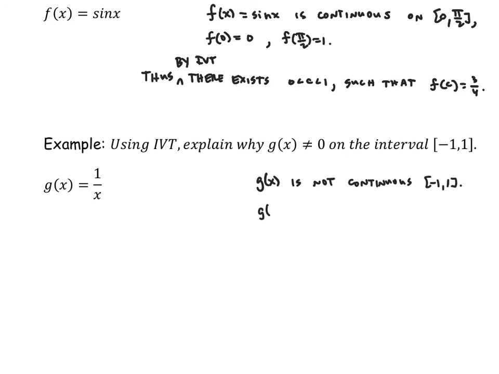But some might get fooled and think, well, g of -1 equals -1, and g of +1 equals 1, and therefore somewhere in between it's got to hit 0. Well, we know the graph of 1 over x looks like this, with horizontal asymptote here, vertical asymptote here. So even though g of 1 is a positive 1 and g of negative 1 is a negative 1, we got that issue in between.